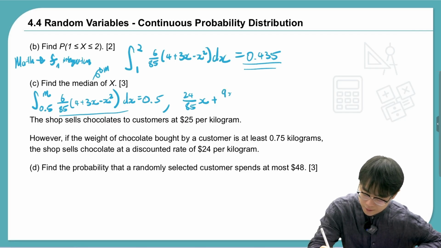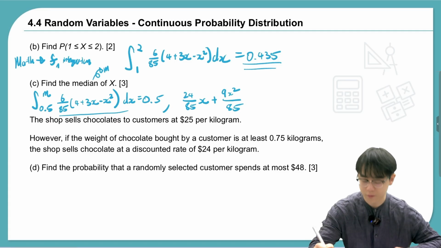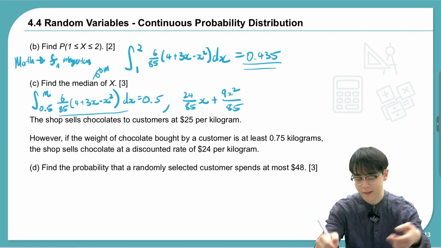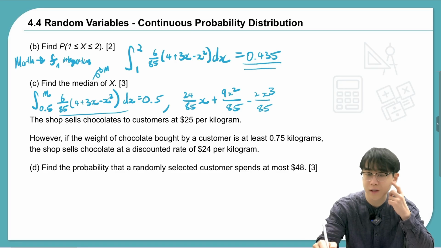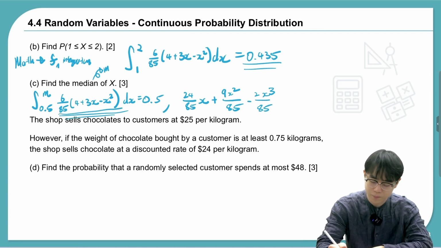So it would be 9x squared over 85, right? So if you differentiate that, we're going to get 18x over 85. And then the last one, we're going to get x cubed, and we get 2 over 85, right? So if you were to differentiate this, the 3 would become a 2, and the 3 would come forward, so we get the original equation. So the manual integration of this is what we have here.